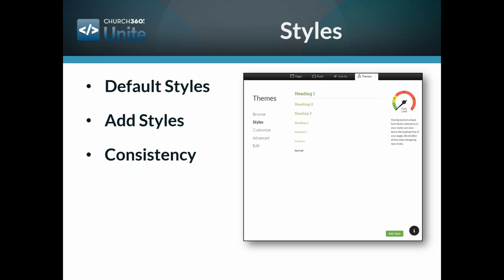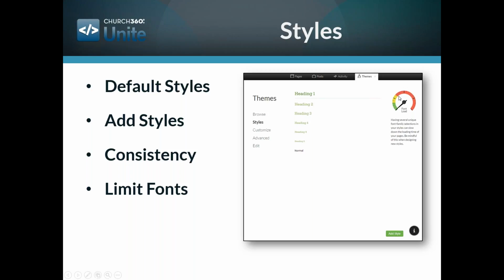Now, one thing I do want to mention, you'll see this little speedometer here. You do want to limit how many different Google fonts you have on your site. That's because every single font that you have is an additional callback to Google to say, hey, I'm borrowing this font for a little while. And if you have multiples, it starts to add up. So you can see here that there's the green and the yellow and the red.